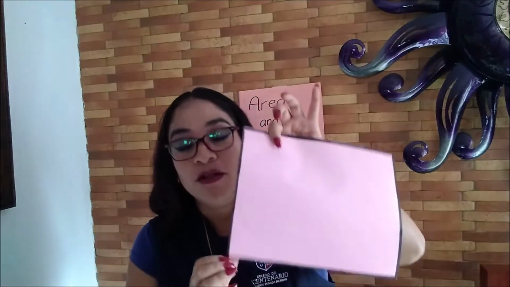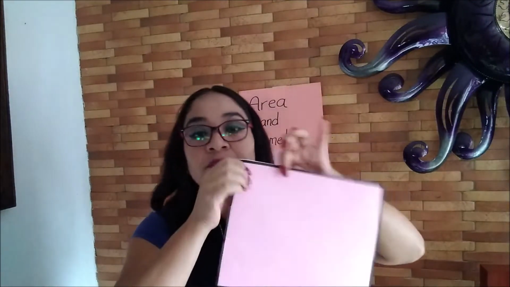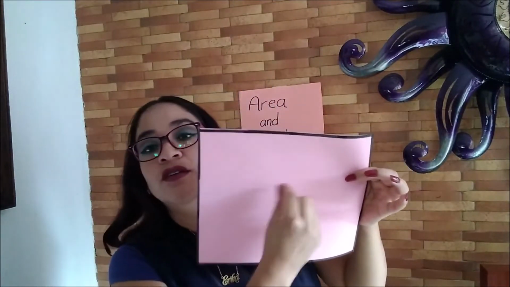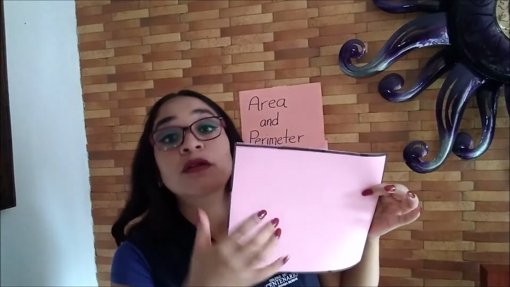That means that is the perimeter, the line that makes the shape. And the area is the space that is inside the perimeter, okay? Where you can write, where you can draw, or do whatever you want inside the boundaries of the perimeter.